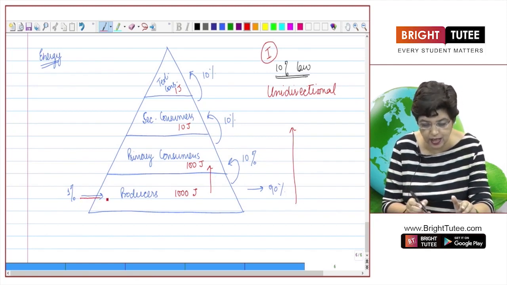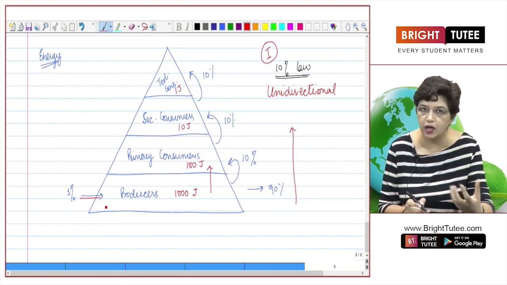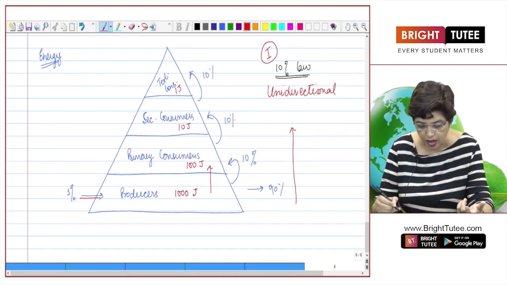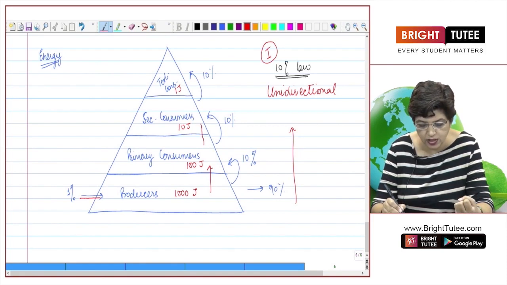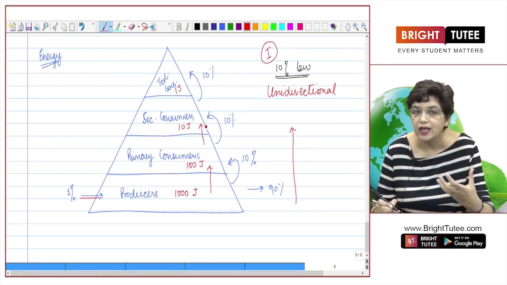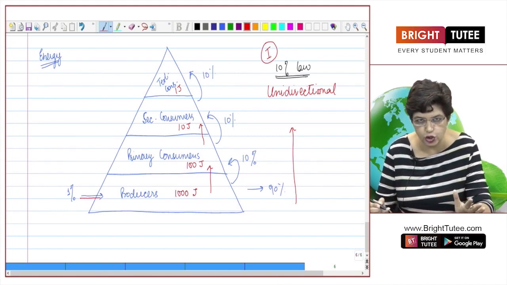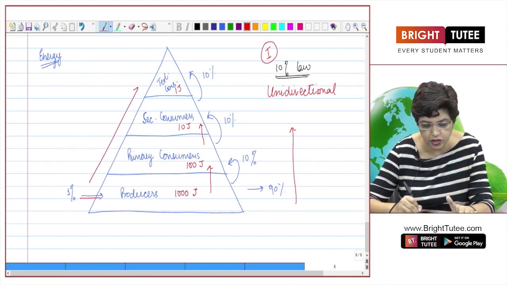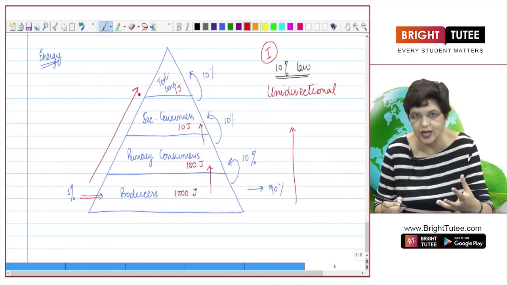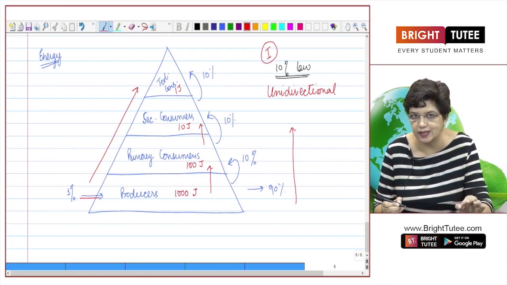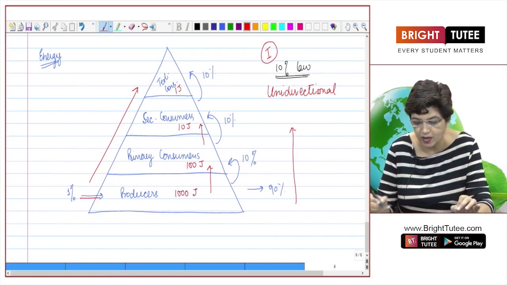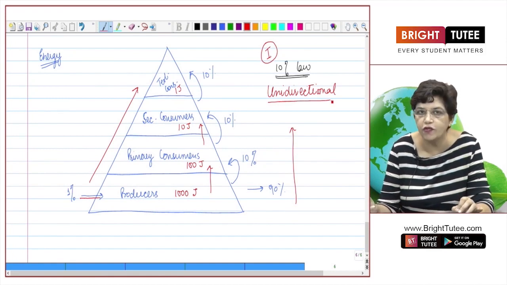Once the plants absorb the solar energy, it cannot be converted back into the solar input. Once the herbivores eat up the plant, this energy cannot come back. Similarly, once herbivores are eaten up by carnivores, that energy is not available for the herbivores in any chance. So the flow of energy is unidirectional, in the upward direction from one trophic level to the other. This is the first characteristic of any food chain or food web.